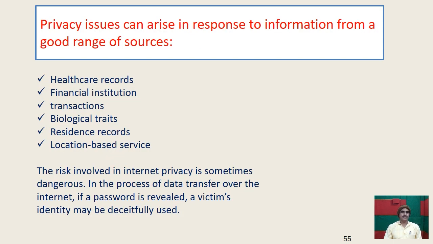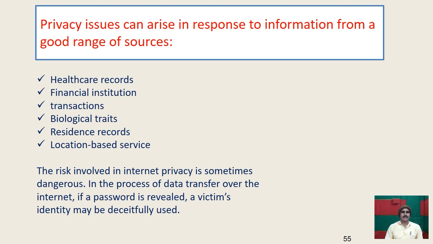Now, privacy issues can arise in response to information from a good range of sources: healthcare records, financial institution transactions, biological traits, residence records, location-based services.